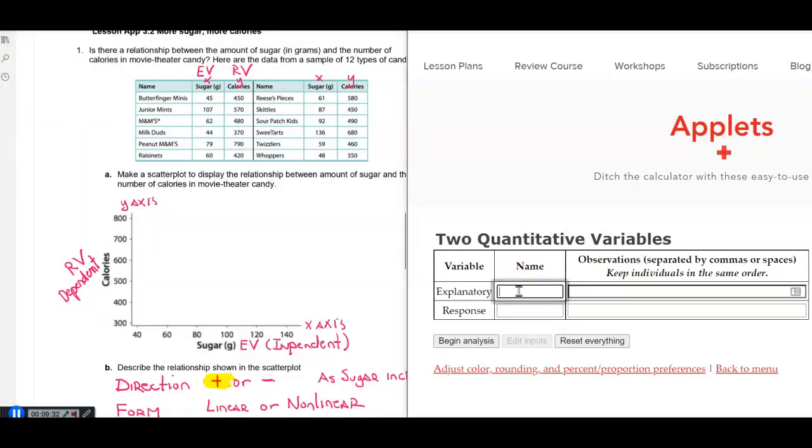So my explainer variable is sugar, so I'll put sugar in grams. Response is calories. All right, and now you just go down the list and you type in the values. You can either leave spaces between the numbers or commas. So I'm going to do commas.